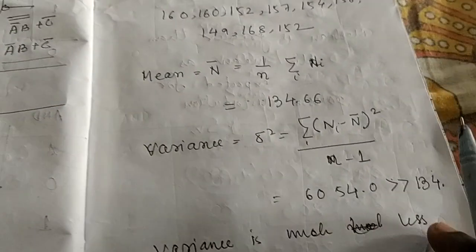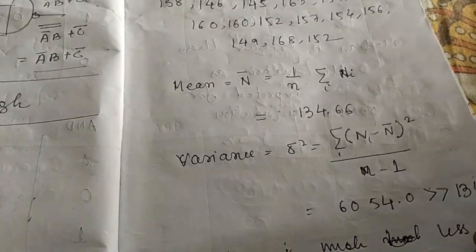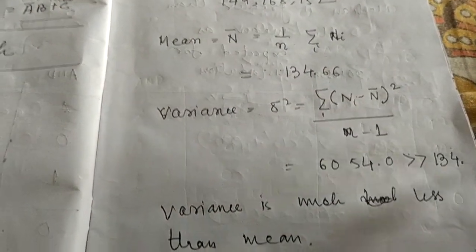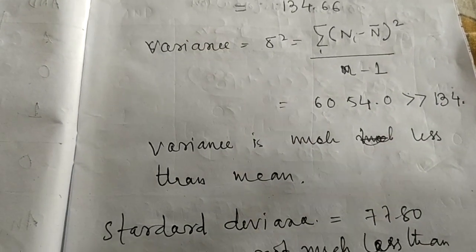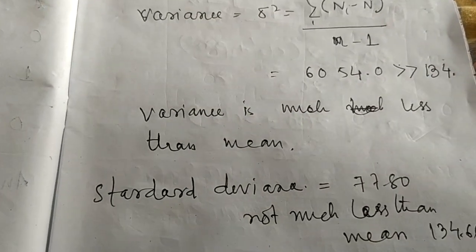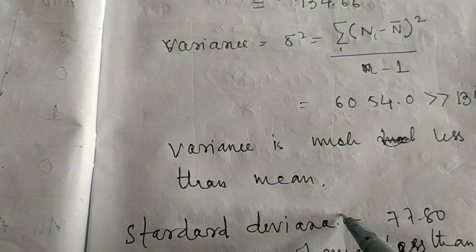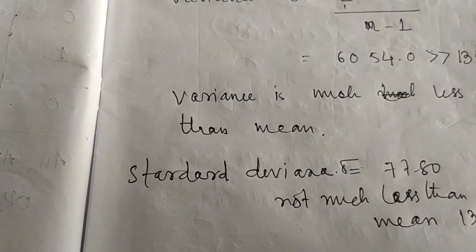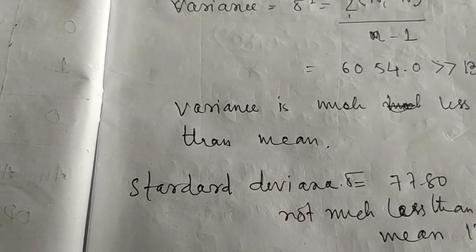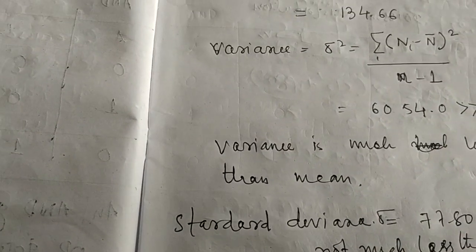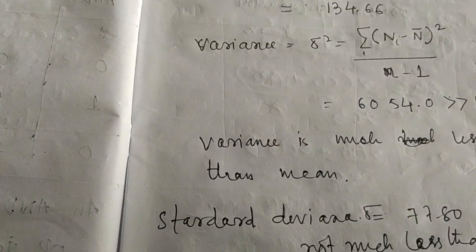Okay, so now go for the second option, checking all the other options. The standard deviation is sigma. So this is 77. This is not very much less. They say that it is much less than the variance, which is not, and that is expected for the distribution.